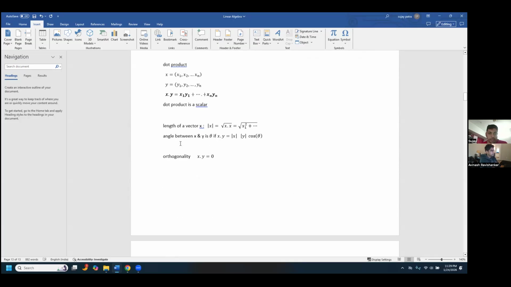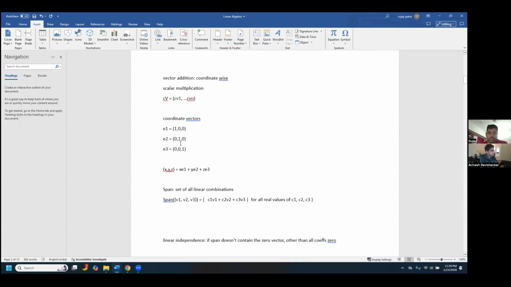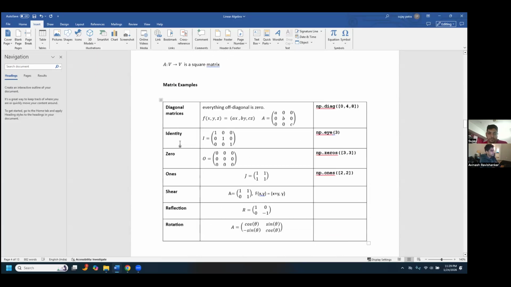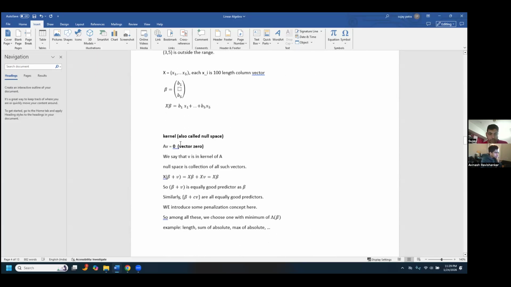Remember when we were discussing the null space of a matrix? So the idea is that if you have a vector beta and y equals x beta is your model, now if v belongs to the null space, then xv is 0, which means x of beta plus v is the same as x beta.